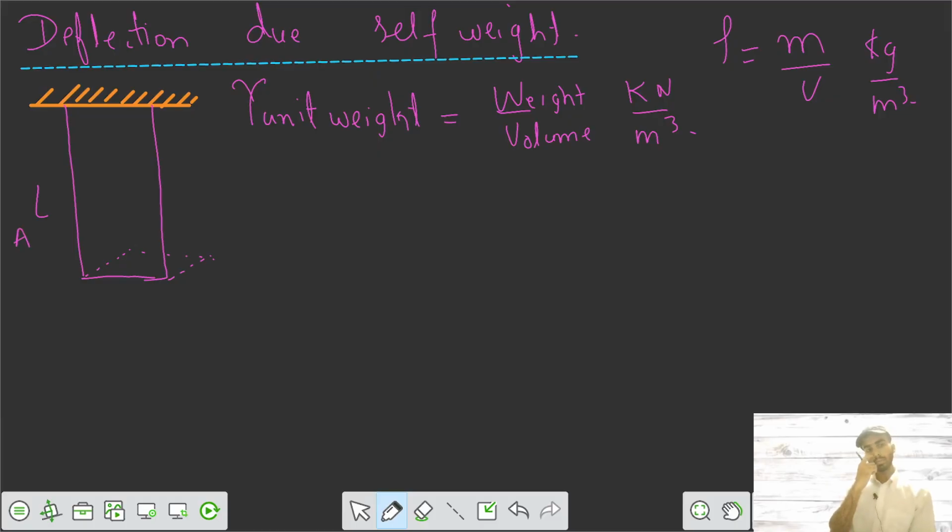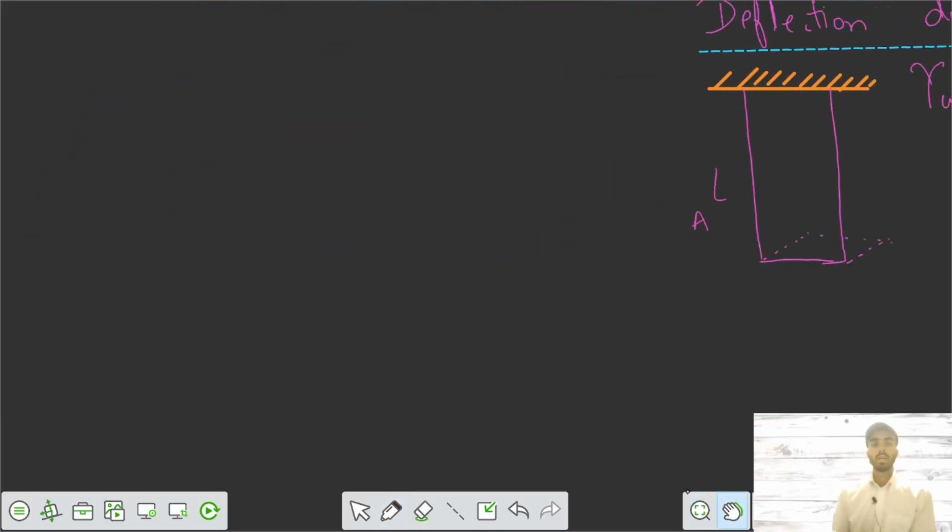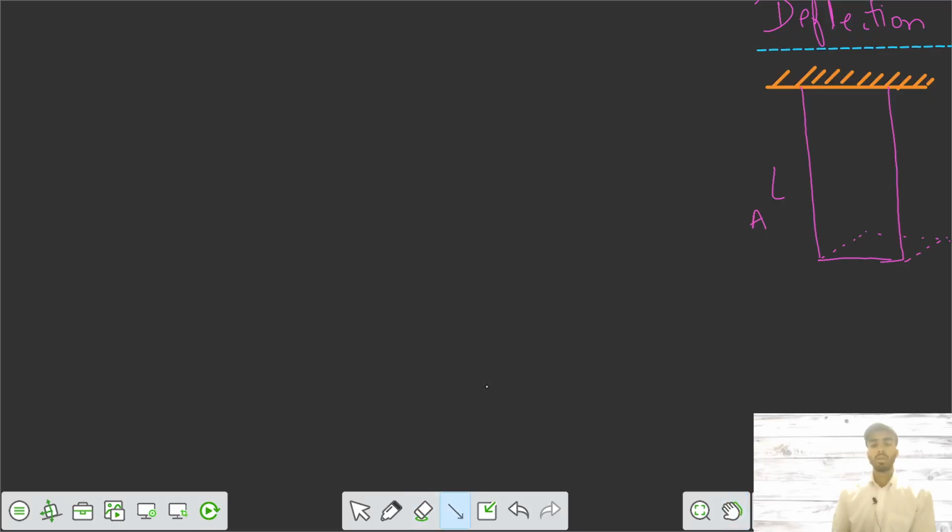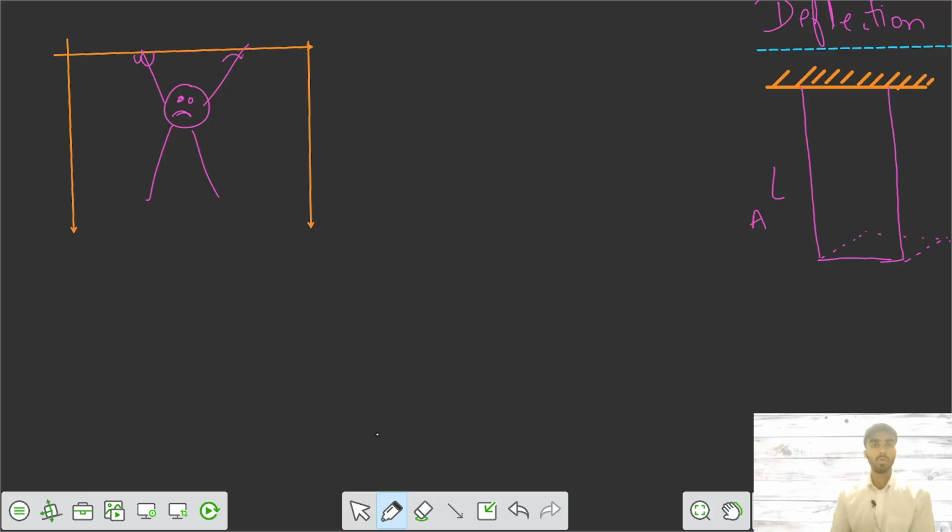Now you might have done pull-ups. Say this is your frame, and you do pull-ups, or you are hanging on that rod. So where is the maximum stress, or where is the maximum load being carried?